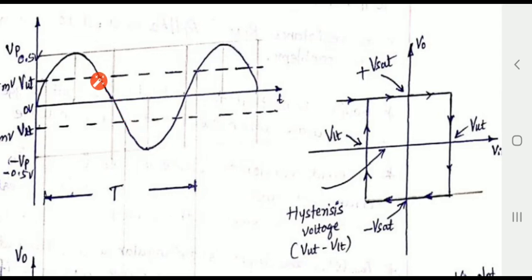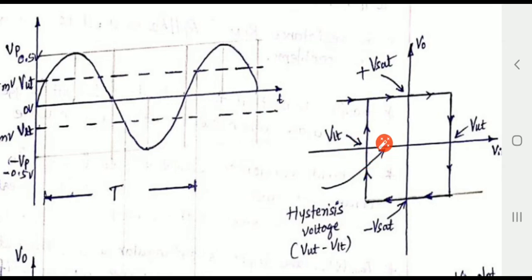Up to this part of the cycle, it remains at minus V saturation. As soon as V in comes to the negative part, this is a positive part, this is a negative part, until V in is less than VLT, this part of the waveform, it is still at minus V saturation.